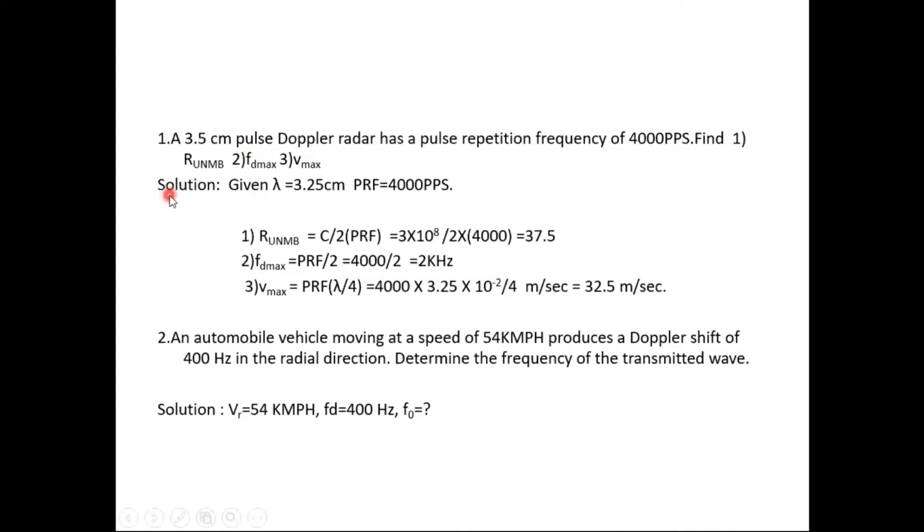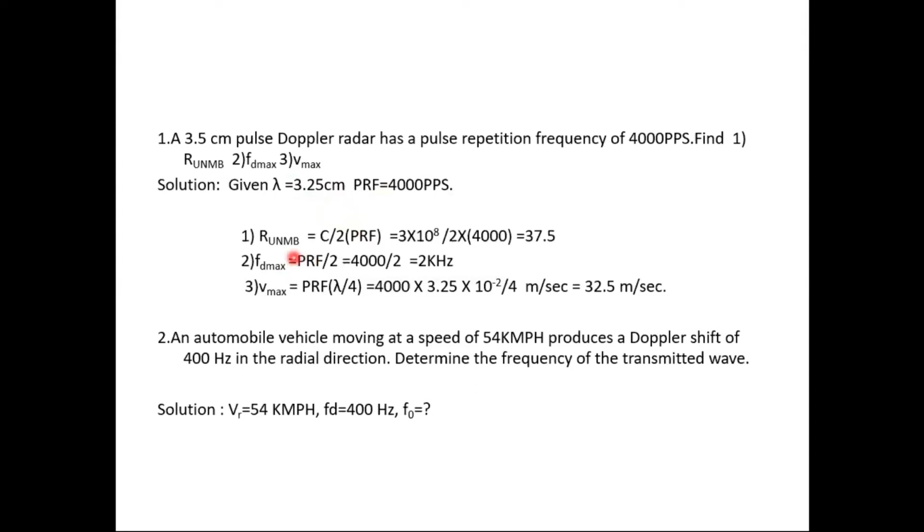We have to calculate R unambiguous, the frequency FD max and V max. For the calculation, we first write down the given data. The value of lambda is 3.5 centimeter and the pulse repetition frequency is 4000 pps.